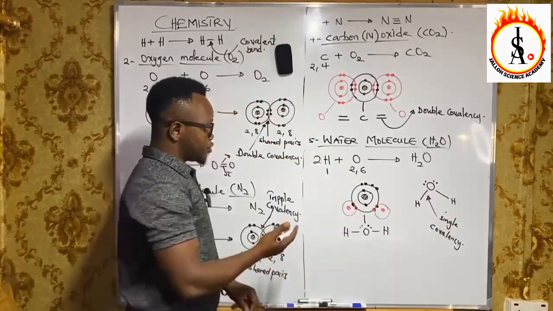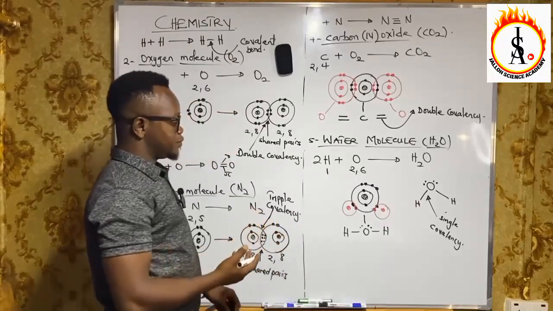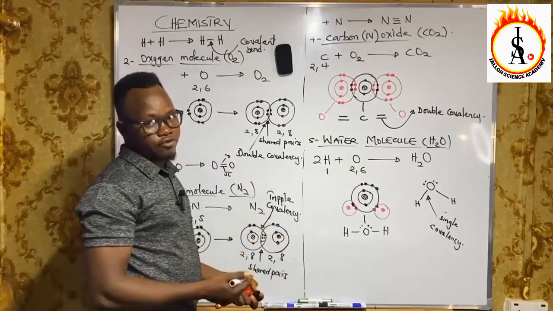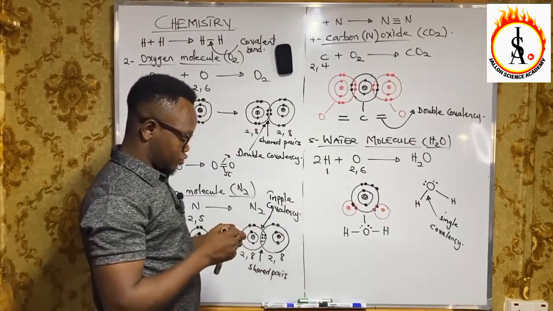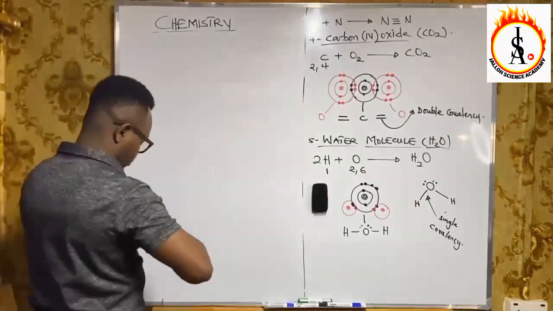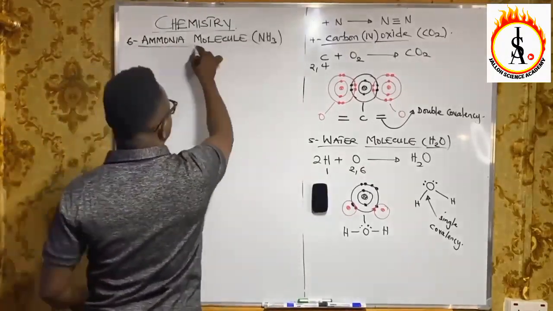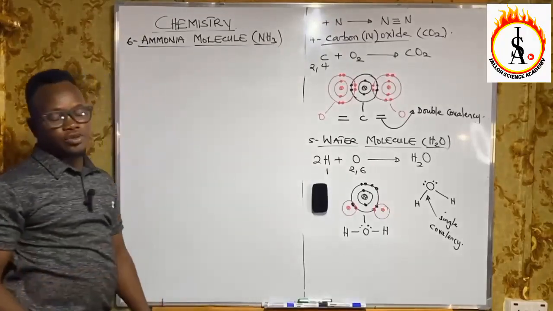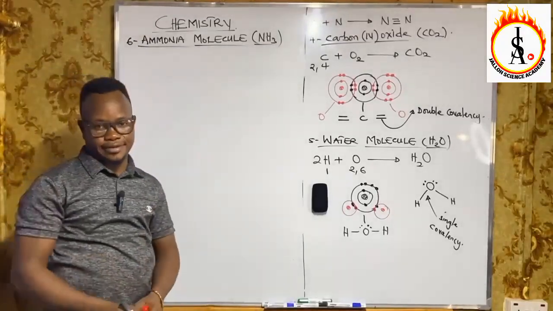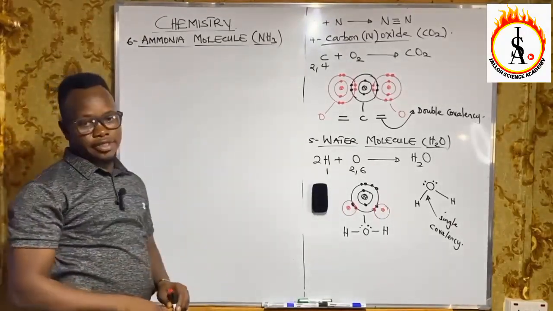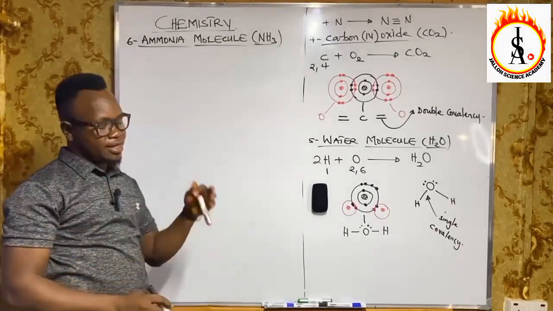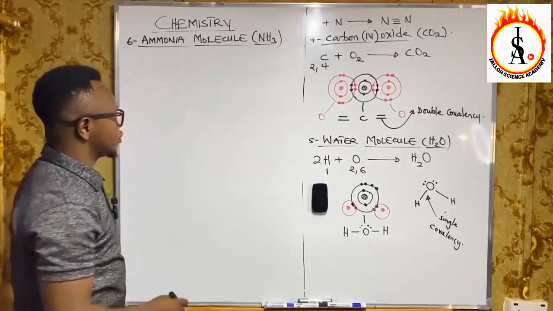Okay, so the next example we'll look at is the formation of ammonia molecule. Ammonia molecule with formula NH3. NH3 tells us we have an atom of nitrogen and 3 atoms of hydrogen.